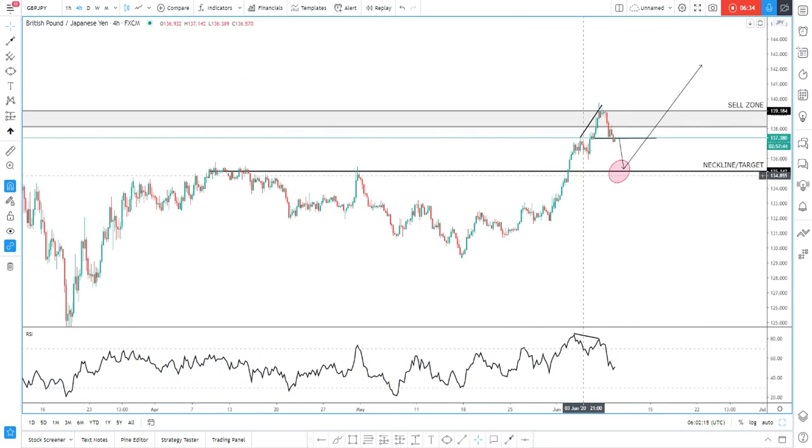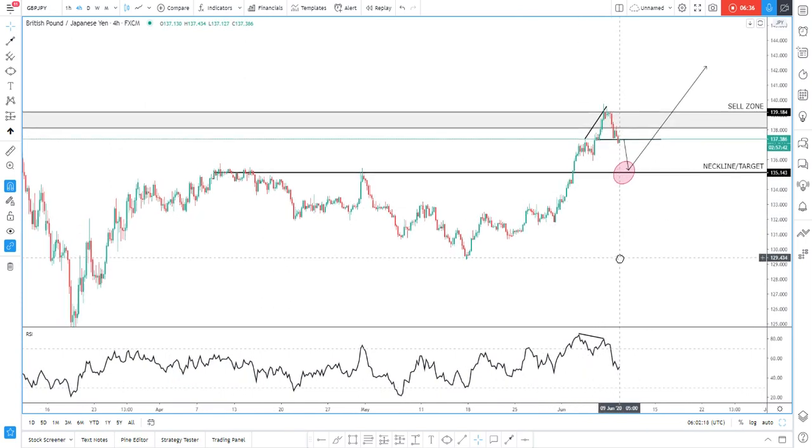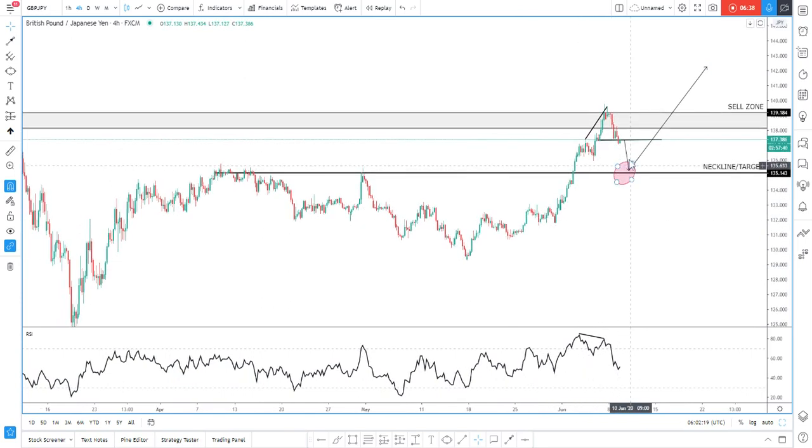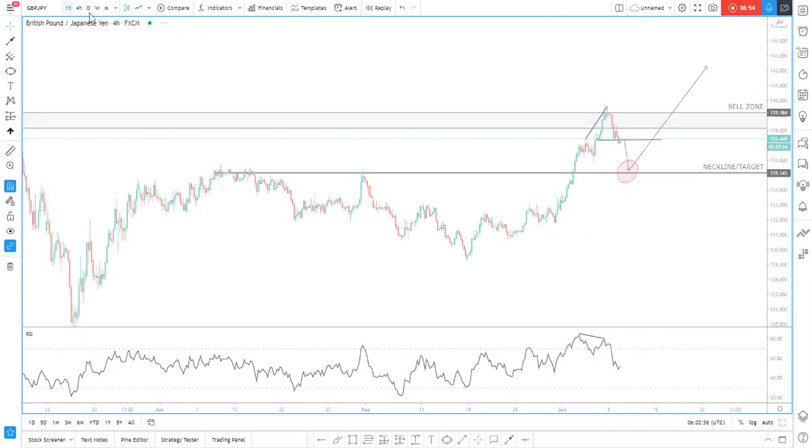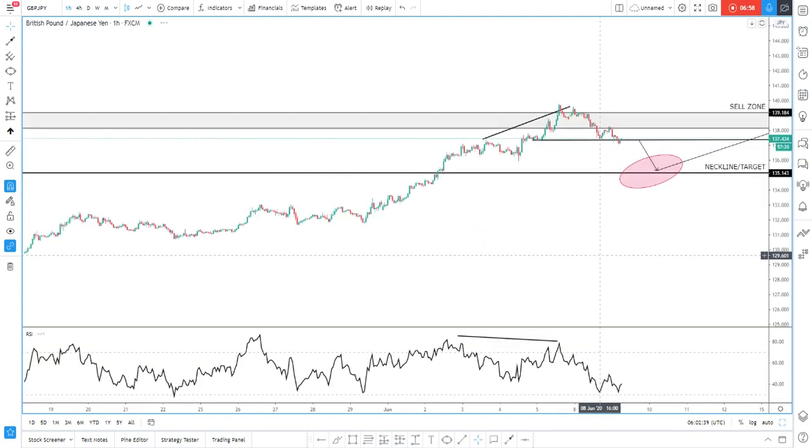With all my confluences gathered together on this time frame, I expect GBP JPY to sell further before we look for long trade setups around this area of structure, that's 135.143.